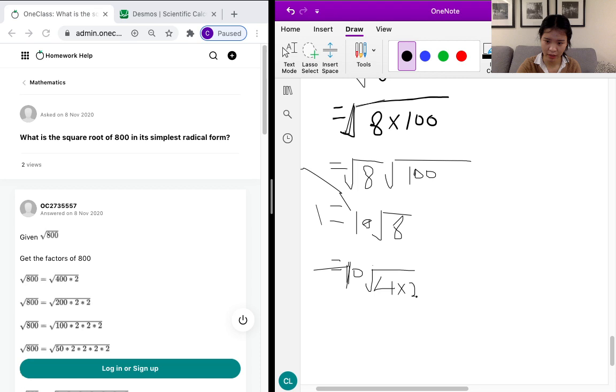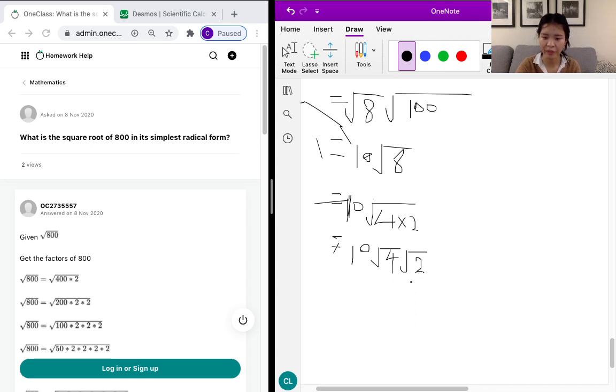We know that 4 is also a perfect square, so we can put the radical sign on 4. And we also know that root 2 cannot be simplified anymore because 2 is a prime number.